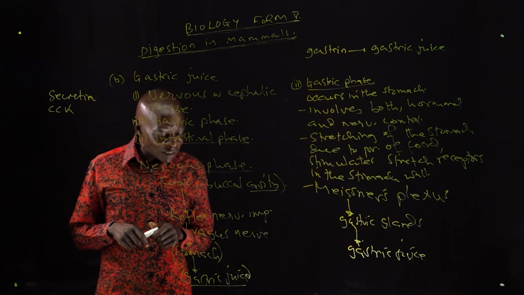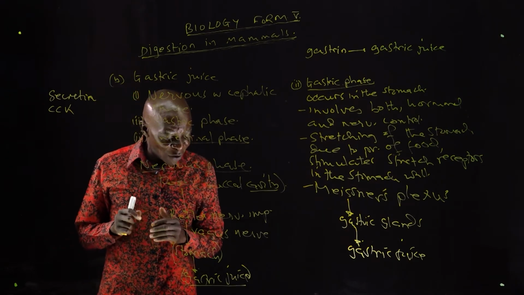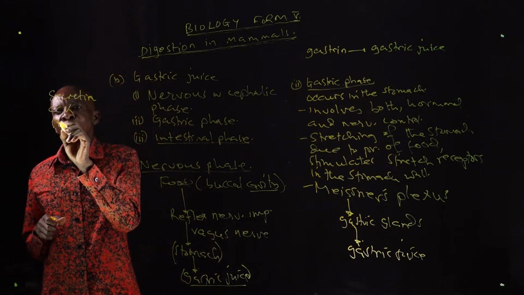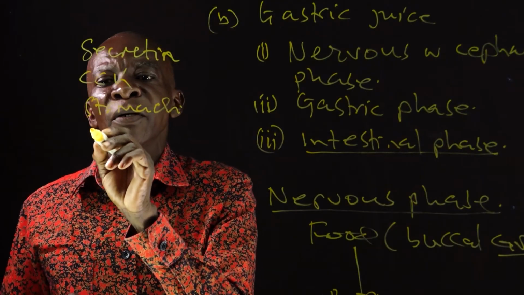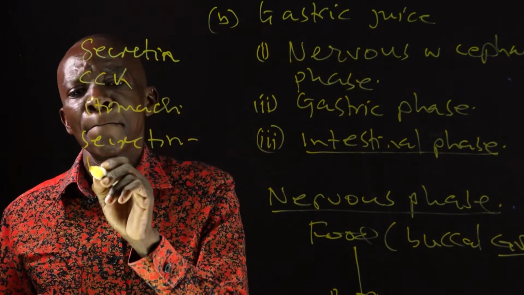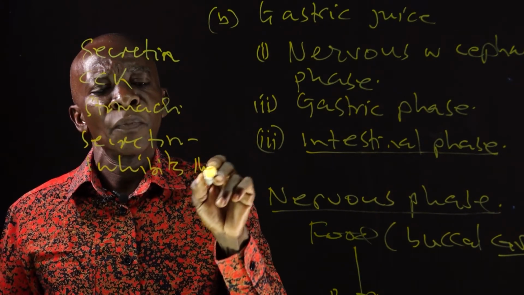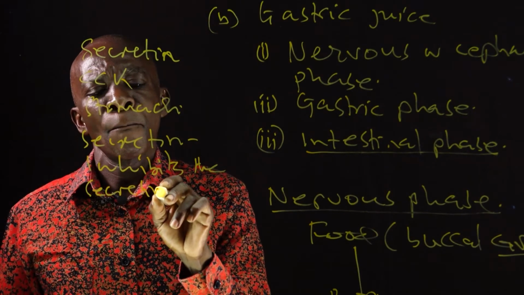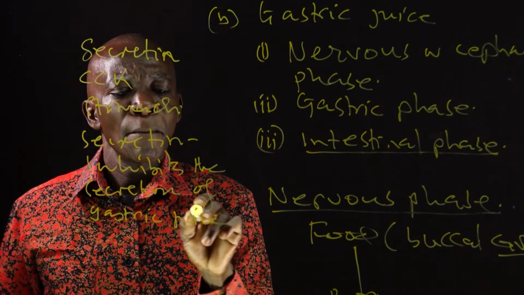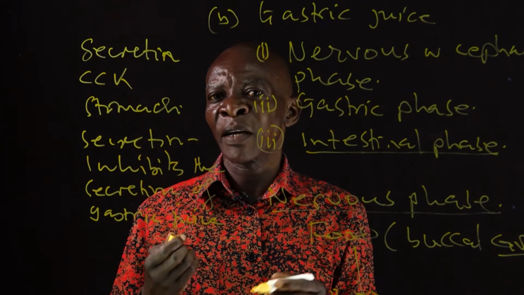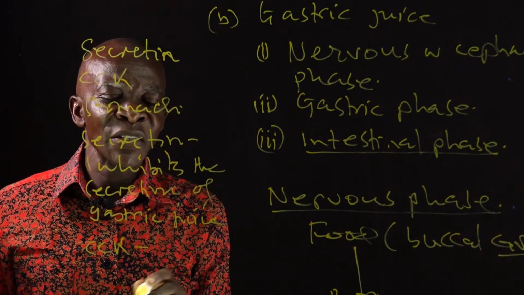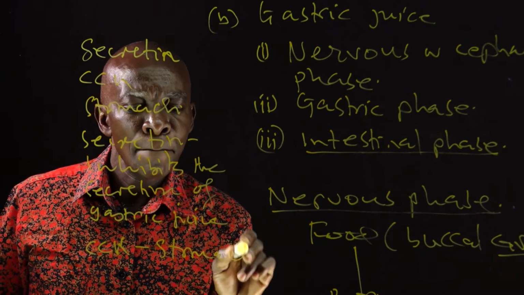Now, in the stomach, this secretin inhibits the secretion of gastric juice, and therefore reduces the hydrochloric acid, while cholecystokinin or pancreozymin inhibits stomach emptying.